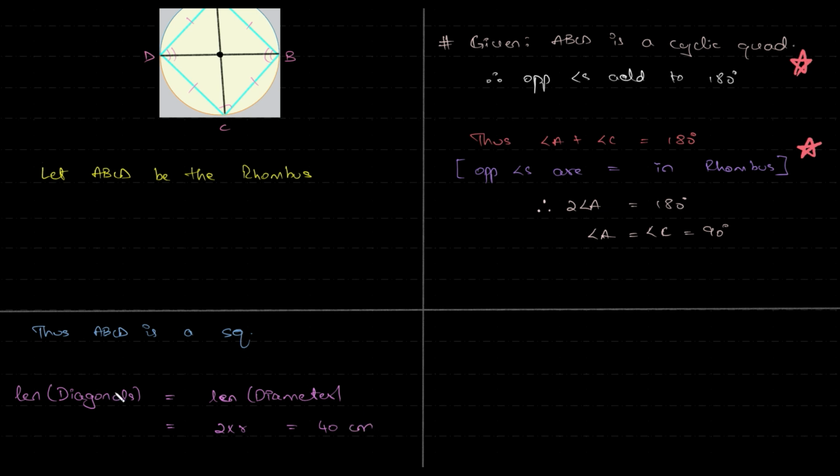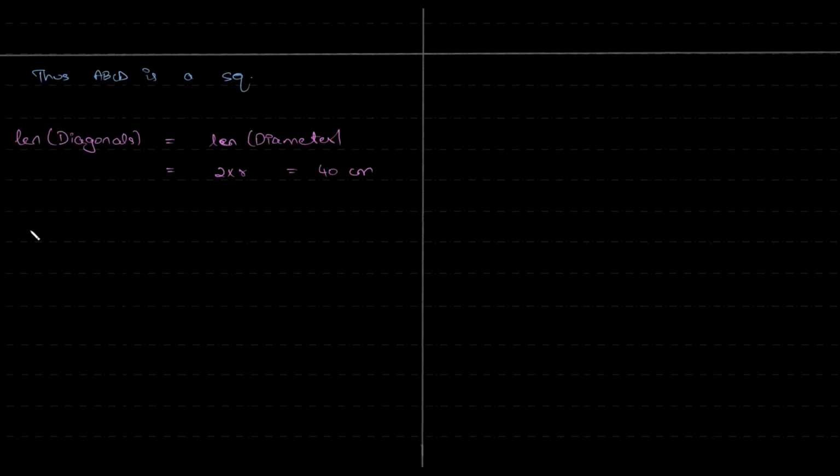Okay, so we have the length of the diameter to be 40, and therefore the area of the rhombus ABCD is equal to half of diagonal square. Okay guys, and so this will be equal to half of 40 into 40, and so this is equal to 800 centimeter square.